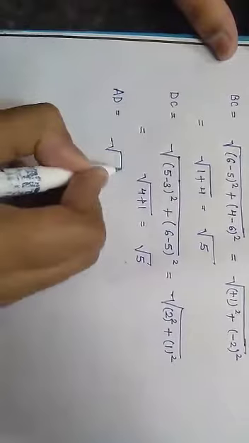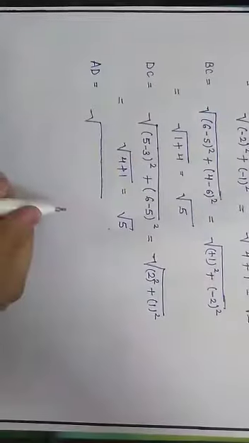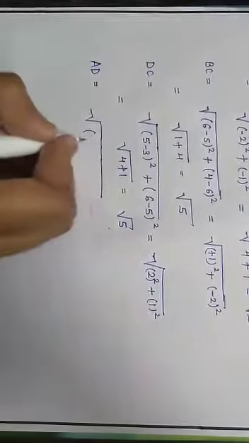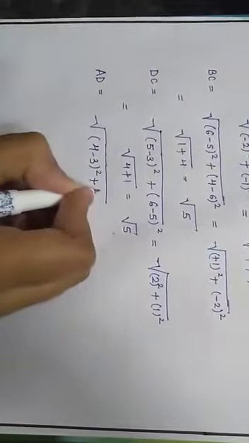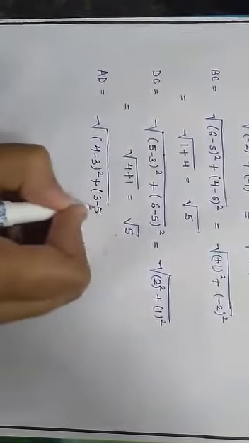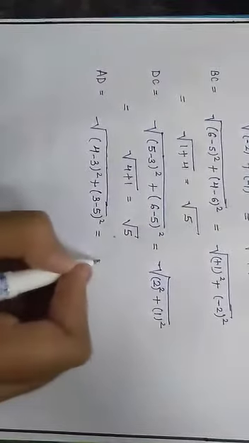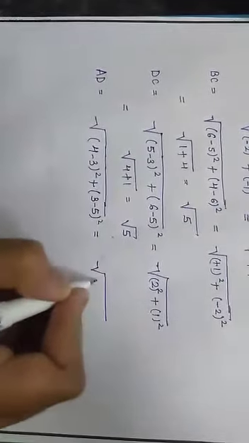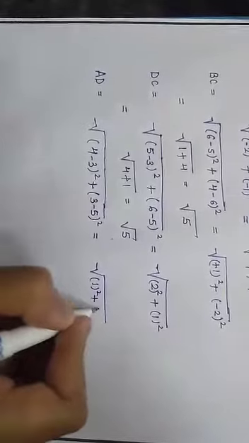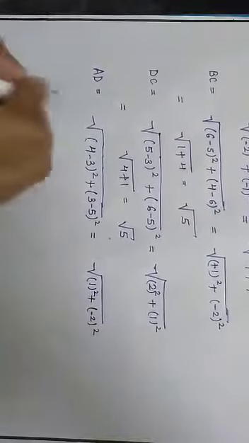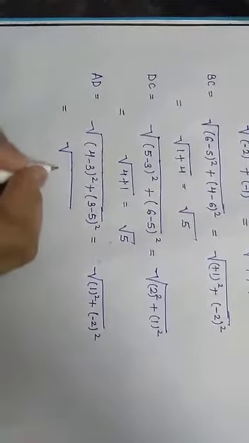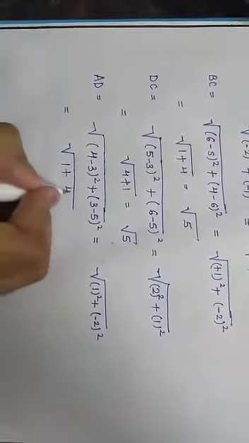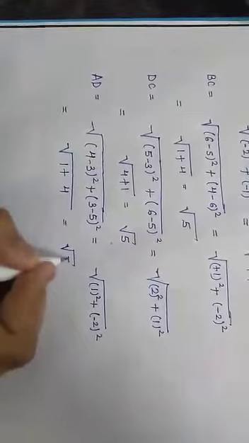Under root, (4 minus 3) whole square plus (3 minus 5) whole square, which is under root 1 whole square plus minus 2 whole square. 1 square is 1 plus 2 square is 4. So we have root 5.